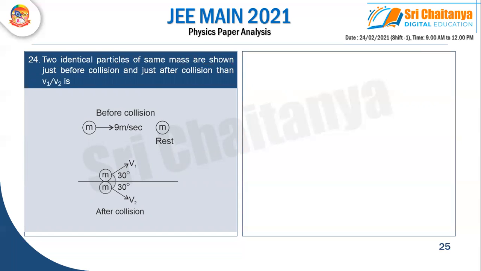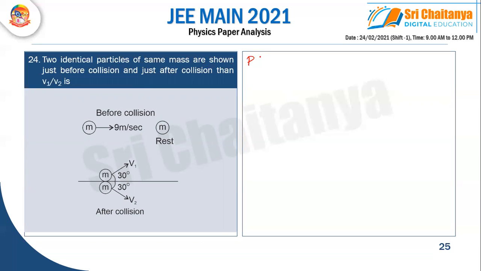Here, two identical particles of the same mass are shown just before collision and just after collision. Then he's asking for V1 by V2. So we will look into the principle of conservation of linear momentum.